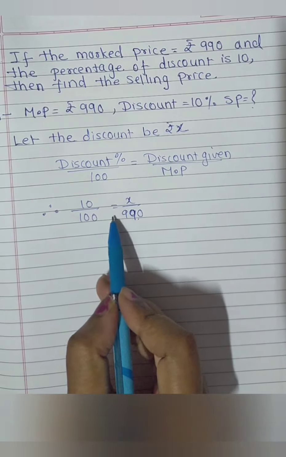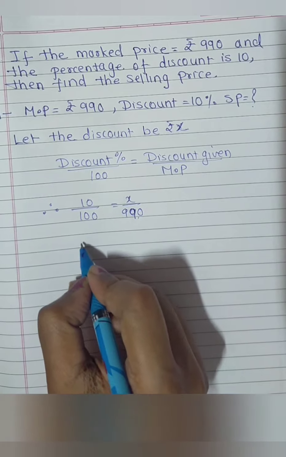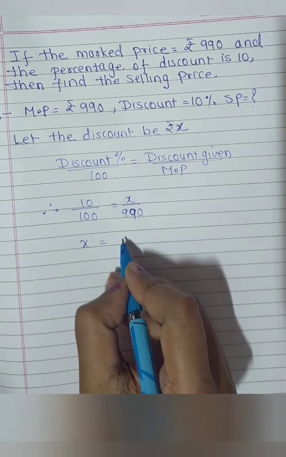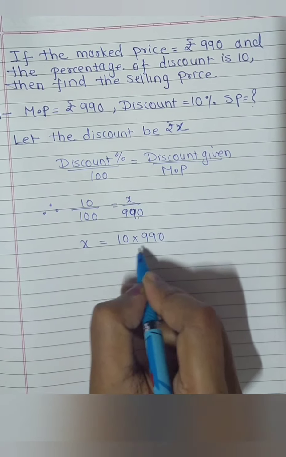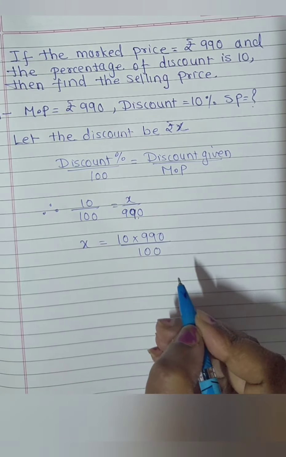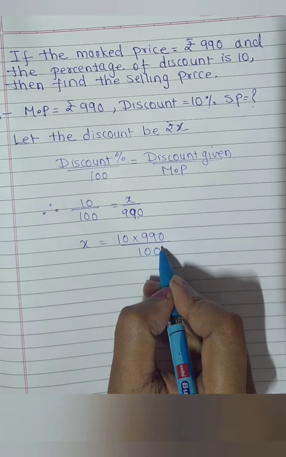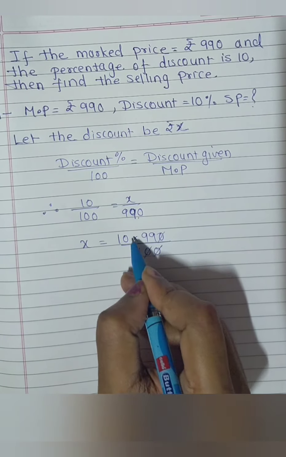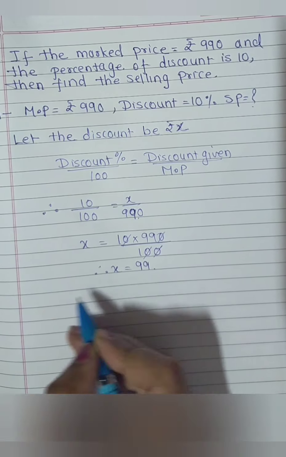So X is equal to, when we cross multiply, 10 into 990 upon 100. Now here both 0s will cancel, what remains? Therefore X is equal to 99.